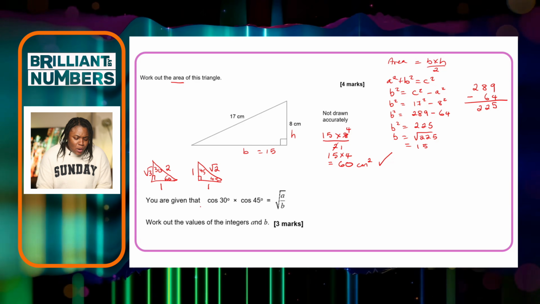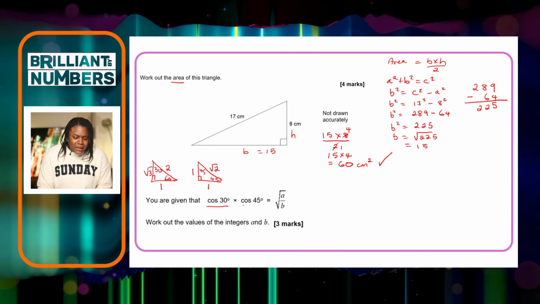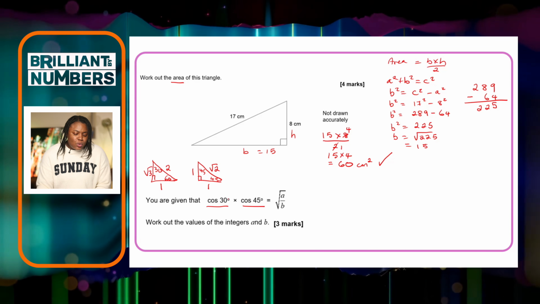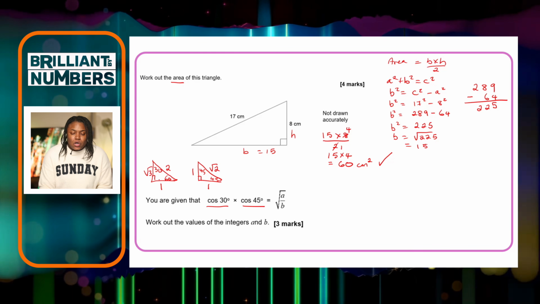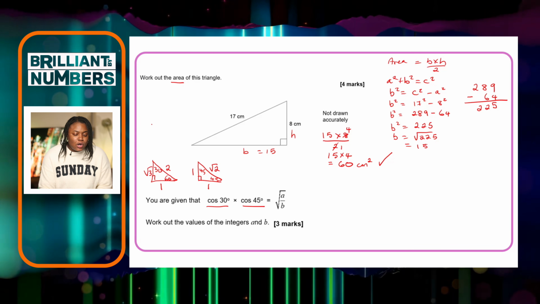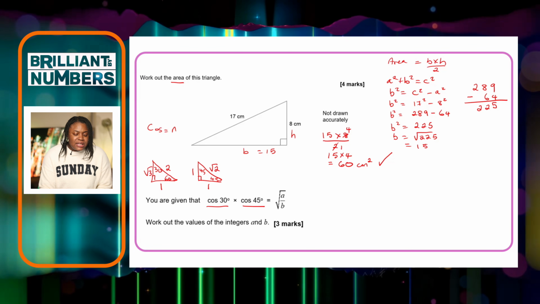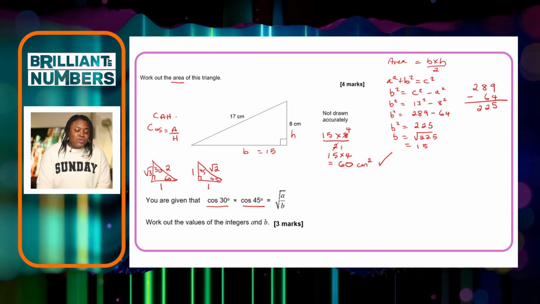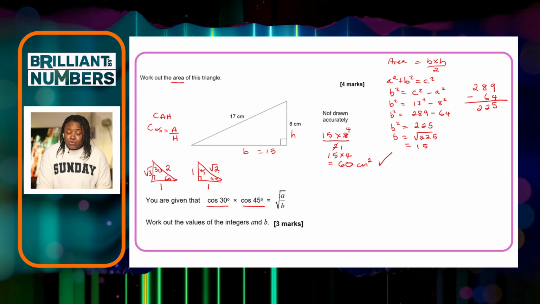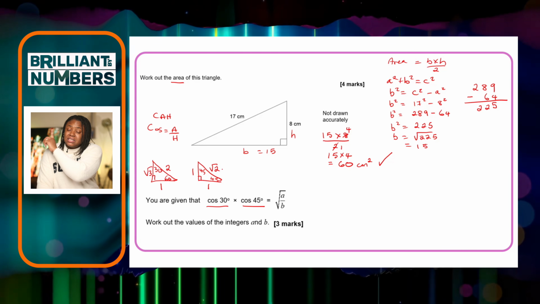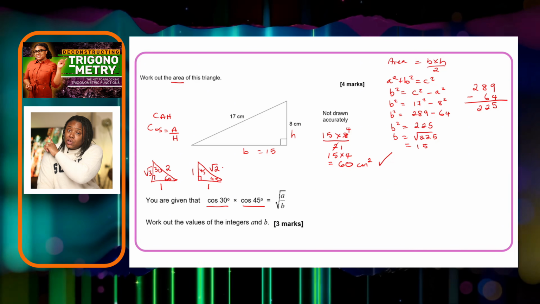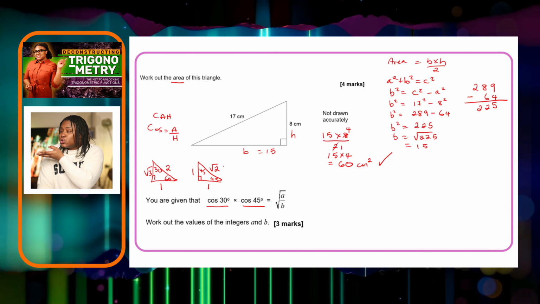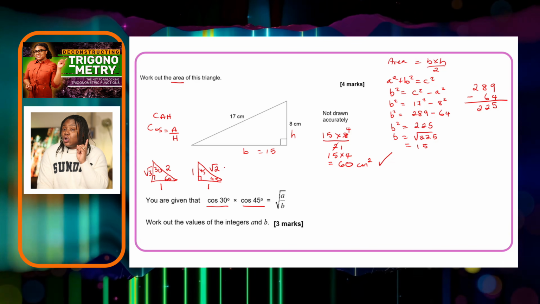Okay, so now we are doing cos 30 multiplied by cos 45. So we go to the triangle to get what cos 30 is. Remember, cos is equal to adjacent over hypotenuse. Guys, if you need more practice on your trig ratios, you need to watch this video here. I've done a lot of work on that, which is also good for your paper 2 and 3.